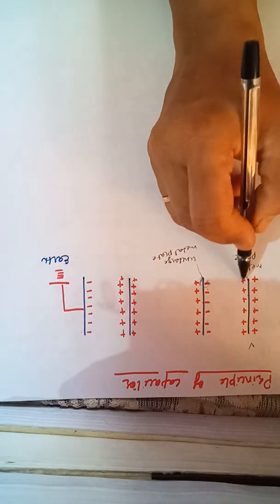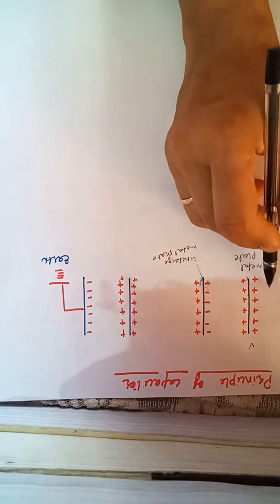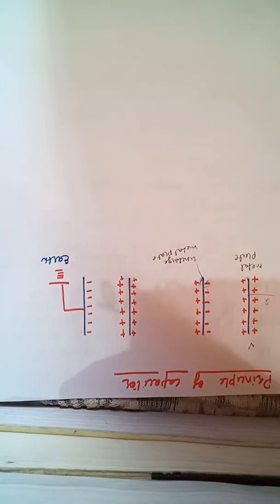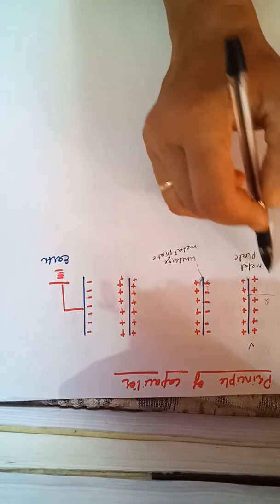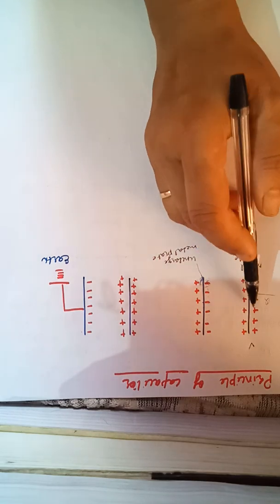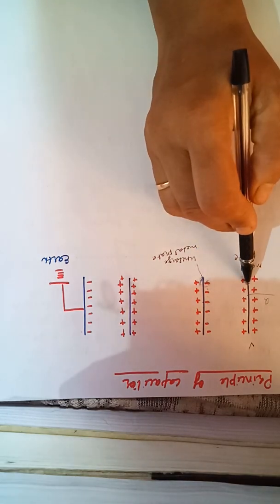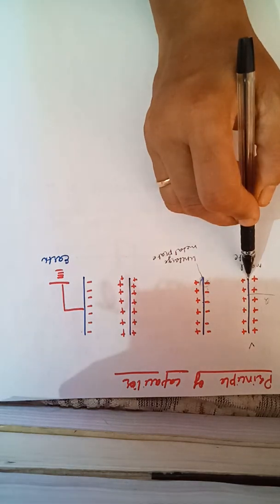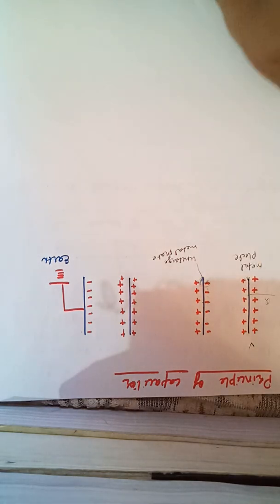So to acquire the same potential, this plate needs more charge from the external source. So we will say the capacitance of the metal plate increases due to the ability to store more charge. This is the one case.